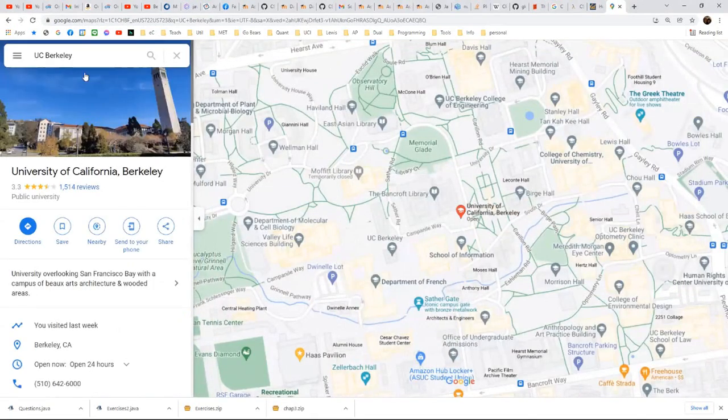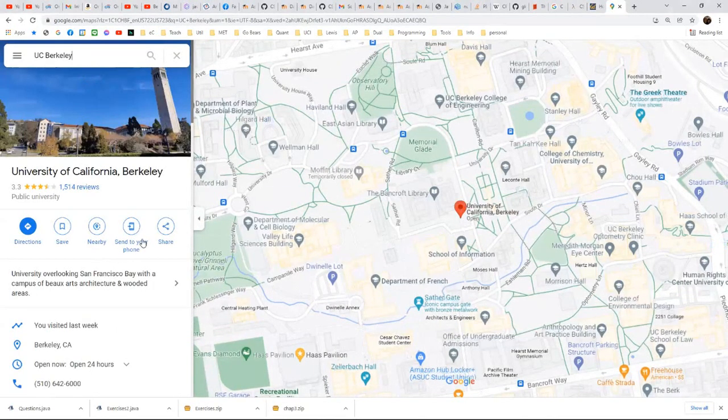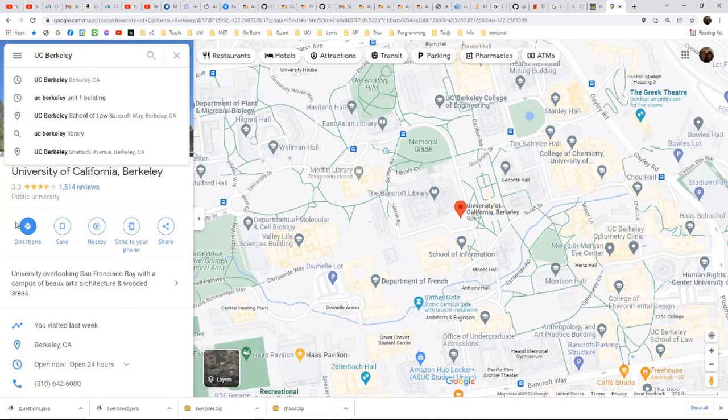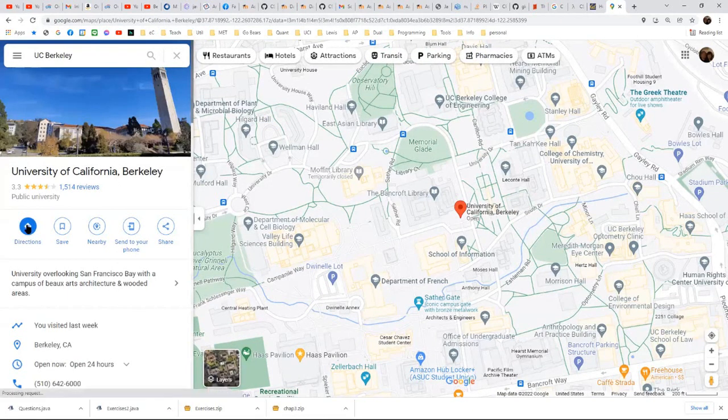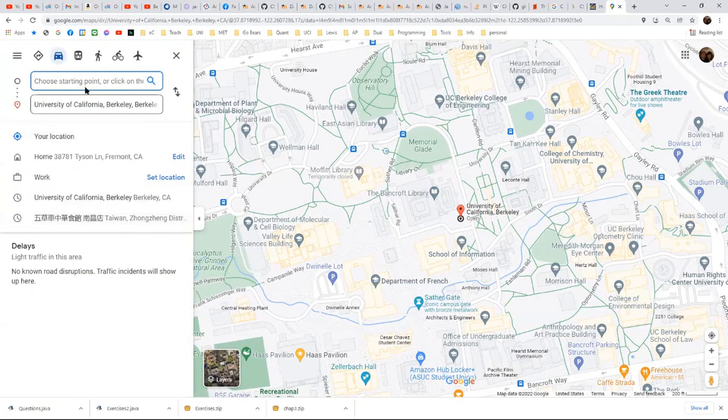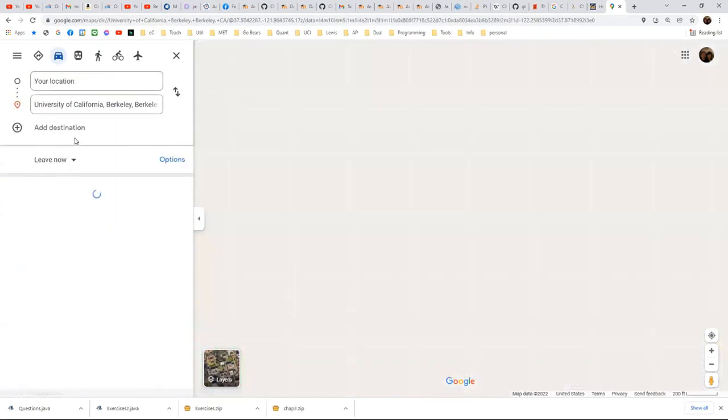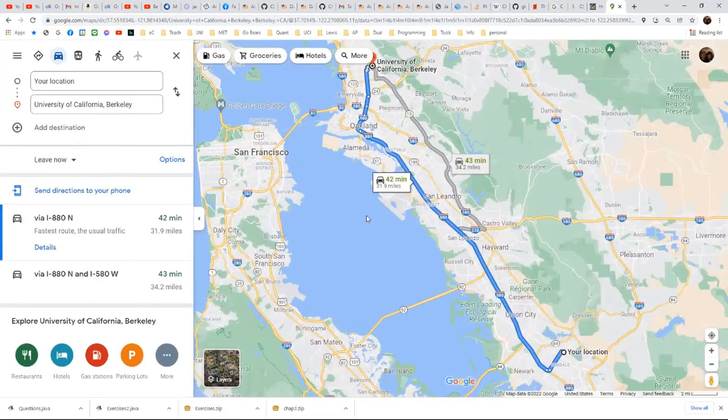Let me see directions, from my location.